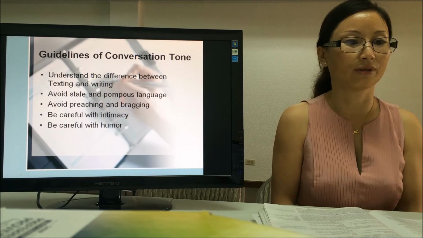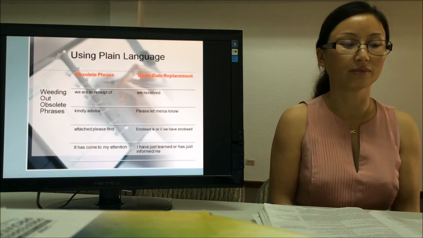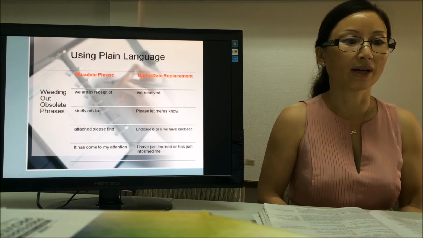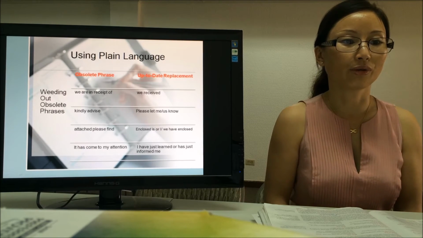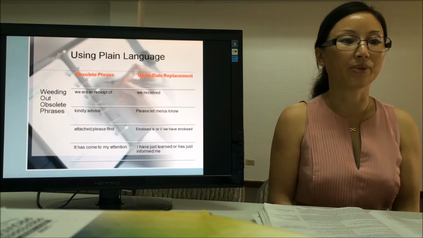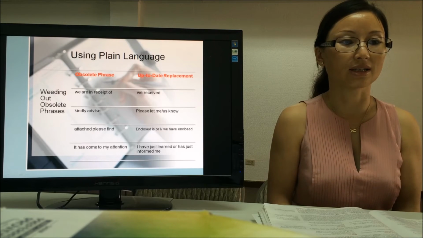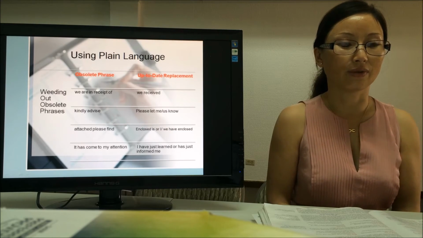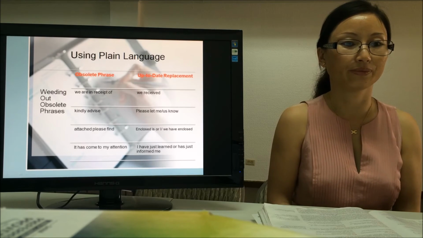Be careful with humor. Use plain language. Allow your audience to grasp your meaning, so it can be readable and understandable the first time your audience reads it.